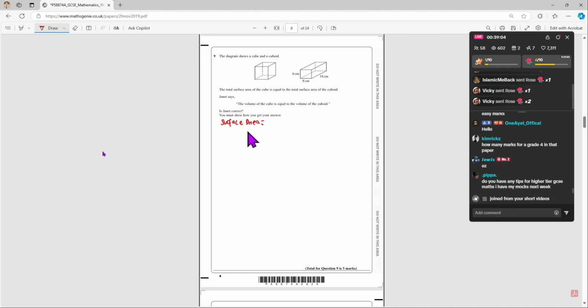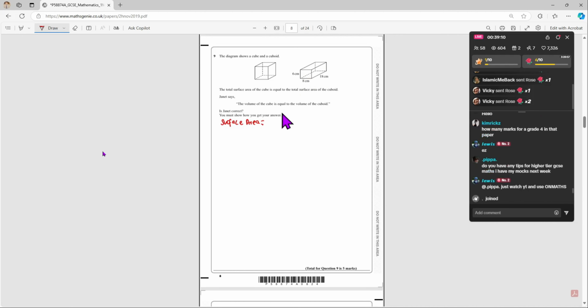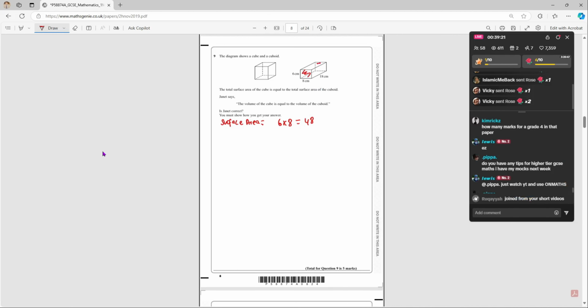To work out the surface area of our cuboid, we know that the front is 6 times 8, which gives us 48, plus 48 again, for the back and the front.